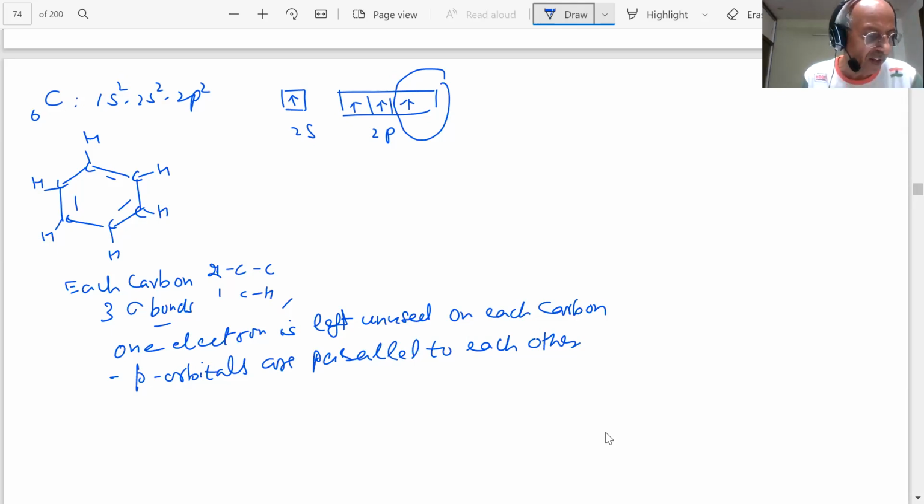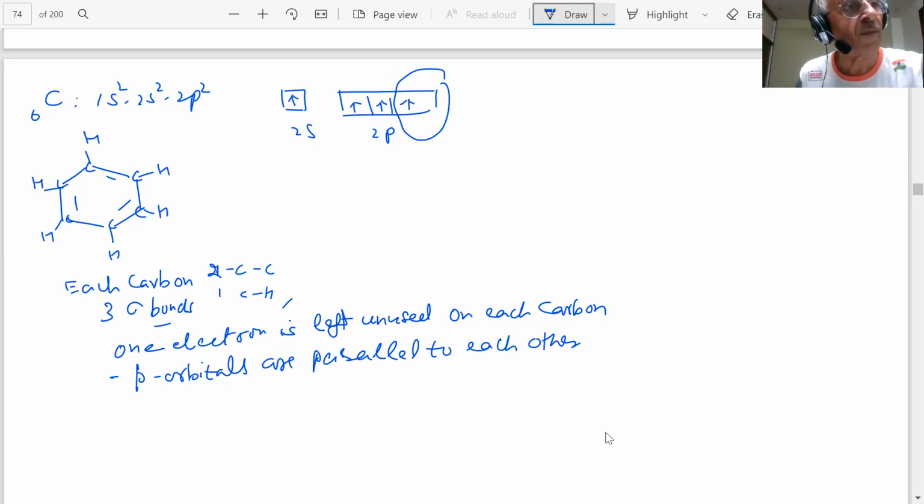What we are saying, students, is that there is a delocalization of these pi electrons, which takes place in the case of benzene. What is happening? Delocalization of the pi electrons. These electrons will get what? Delocalized.